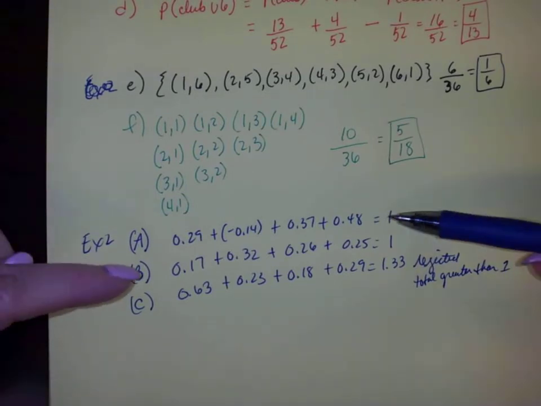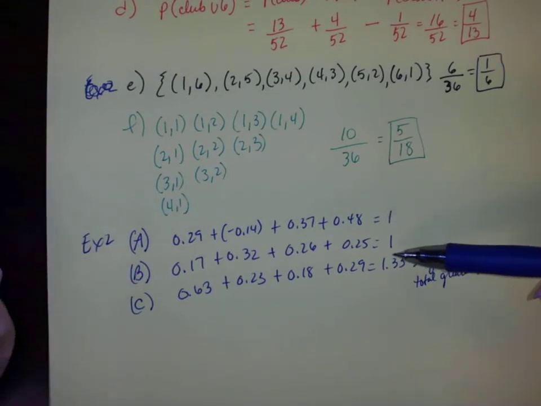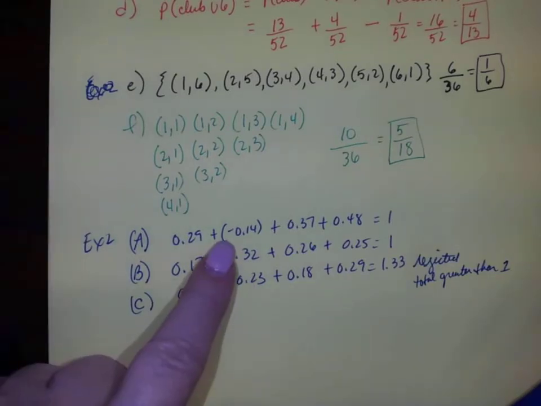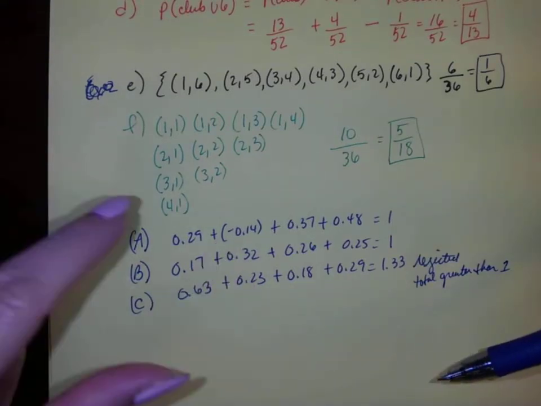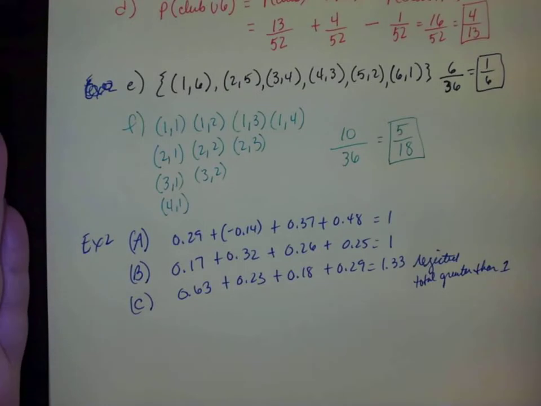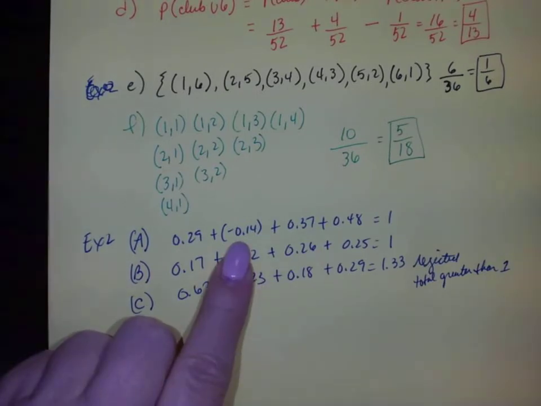All right, these two both add up to 1. But remember, our probabilities aren't negative. They are all positive numbers. The probability of each item is between 0 and 1. That's one of the understandings that we have. We can have a probability of 0, we can have a probability of 1, and anything in between, but we can't have a negative probability.